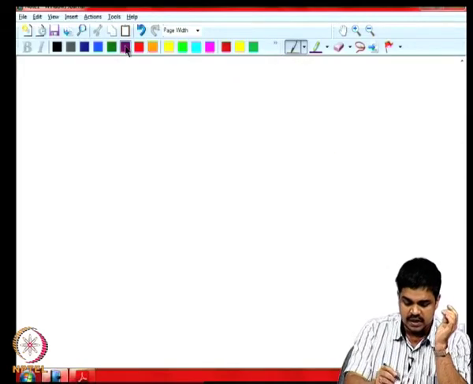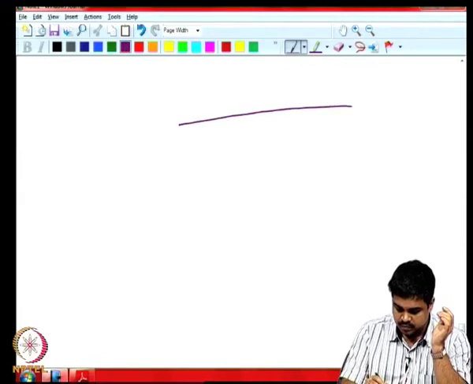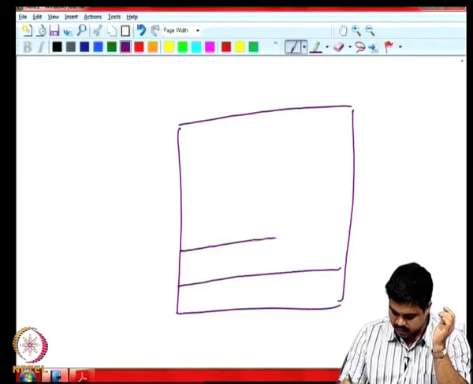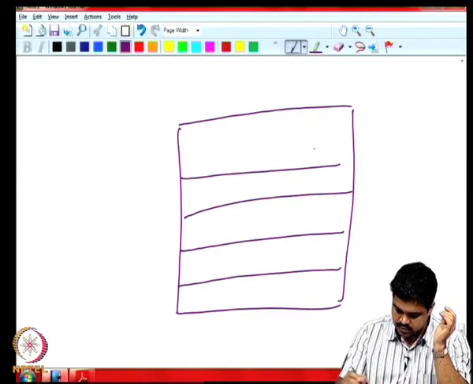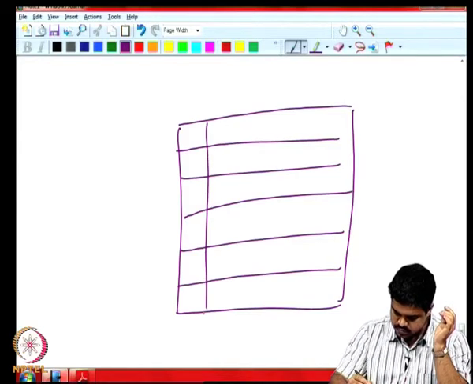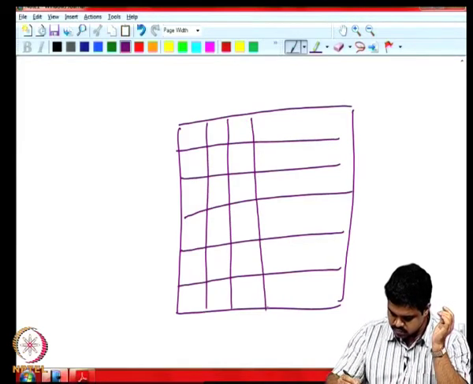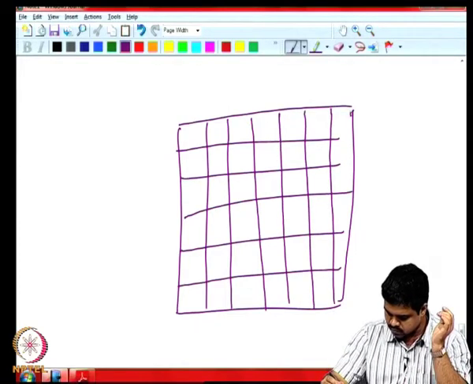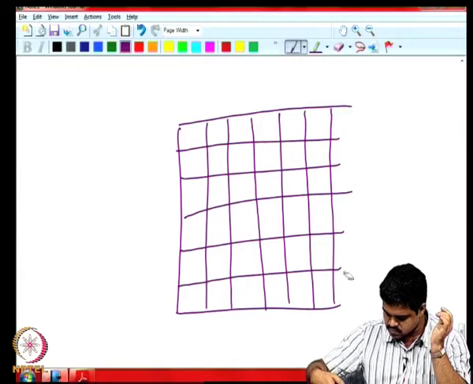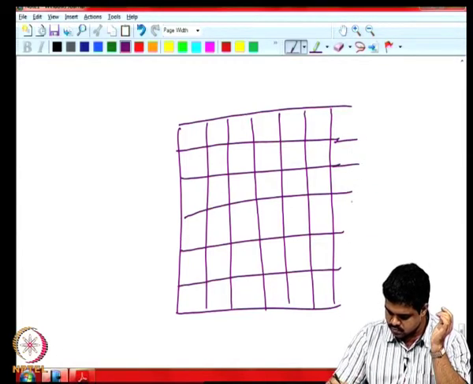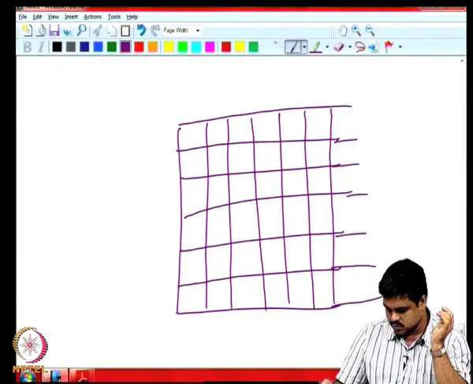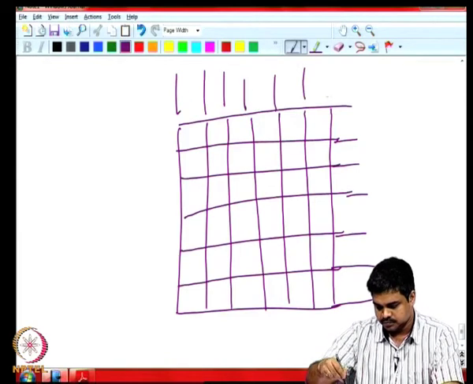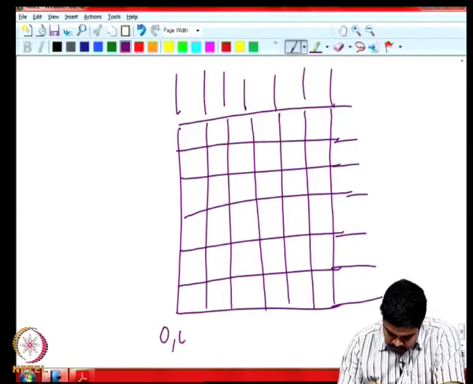Consider a grid like this. It can be any length, but I will draw it like this. You can draw further, here also you can draw further, right. So, this is the point 0, 0.